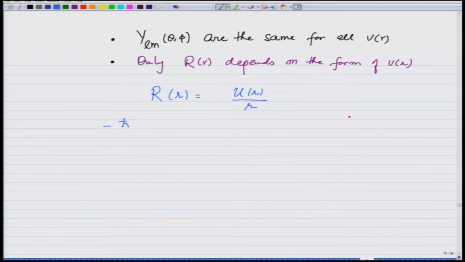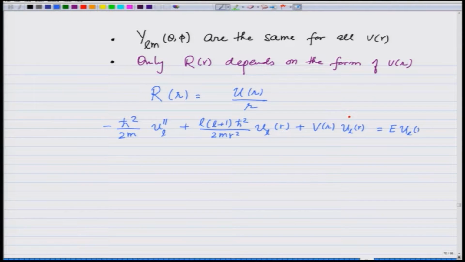It came out to be minus h cross square over 2 m u double prime plus L times L plus 1 h cross square over 2 m r square u, and now I am going to write u L, because this depends on L. R is a function of only the radial coordinates, plus V r u L r equals E u L r.